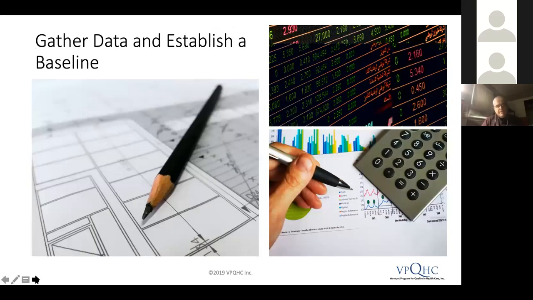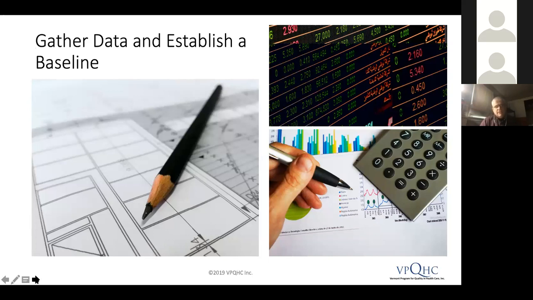So when I talk about gathering data and establishing a baseline, that could be multiple different sets of data. It can be descriptive, it can be mathematical, it can be numbers, it can be diagrams, it can be all sorts of different pieces of data, and the combination of that is unique and relevant to the specific issue that you're talking about.